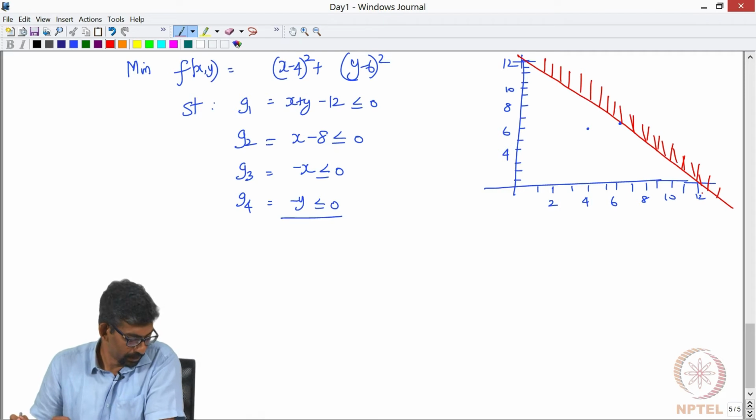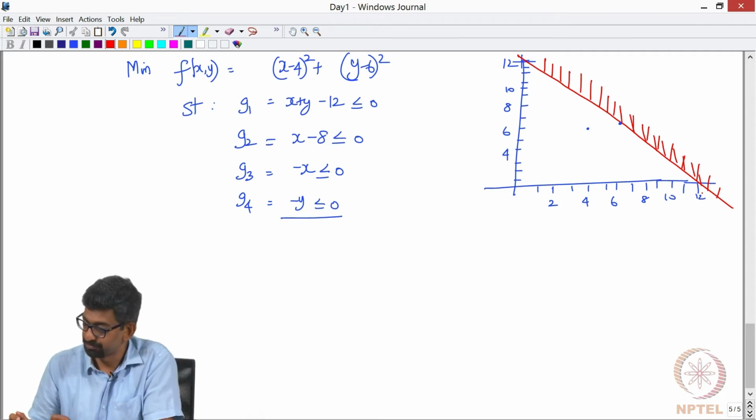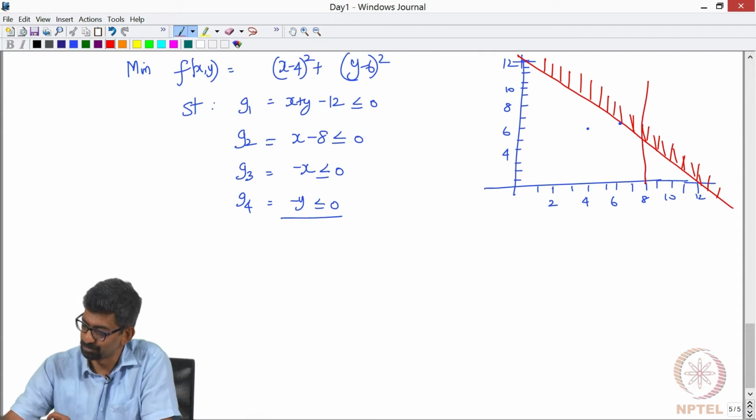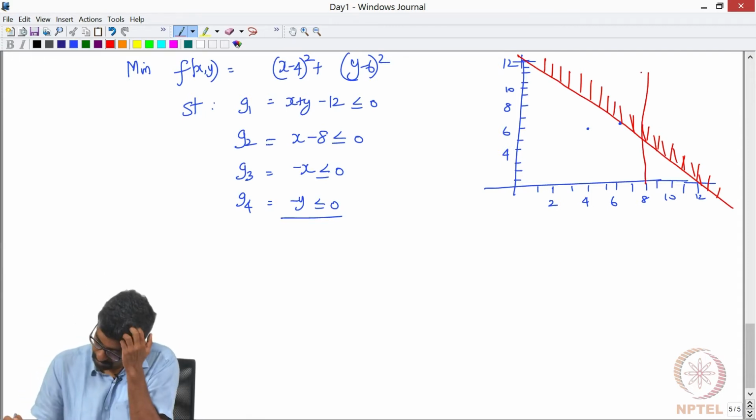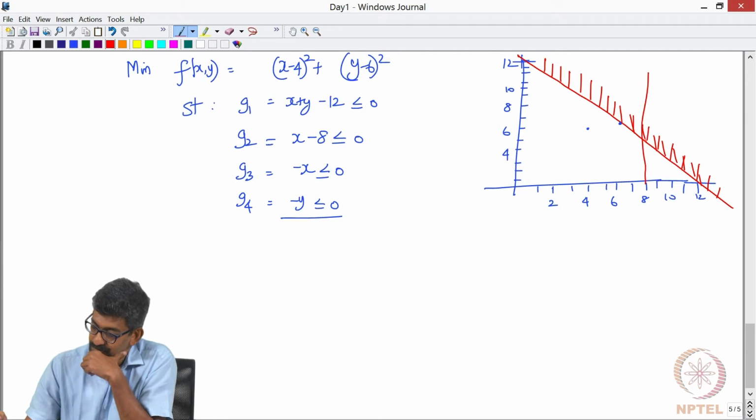Yeah. Then what other constraints do you have? X minus 8, what does that mean? x minus 8, right. So, x should be greater than 8, sorry, less than or equal to 8. So, you draw a line here and then it should be less than. So, only this is your good area.